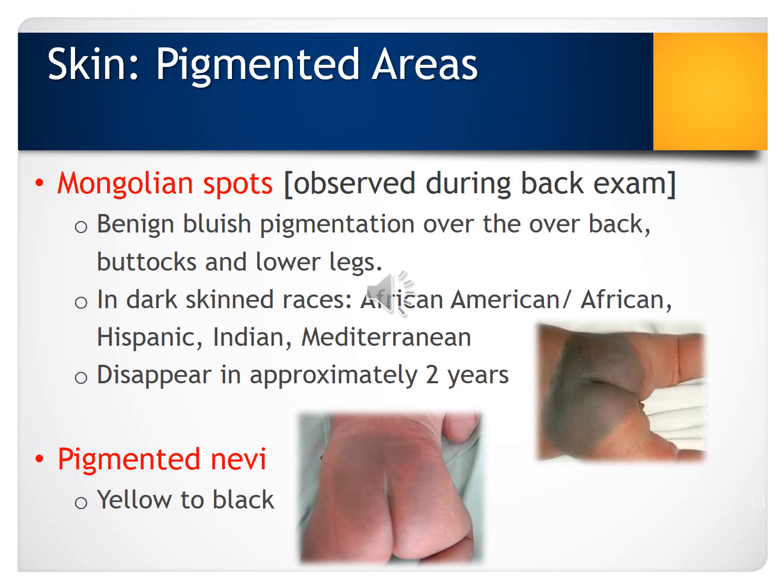I also mentioned that some races and ethnicities have variations in pigmentation. One of these extra pigmented areas is known as Mongolian spots.